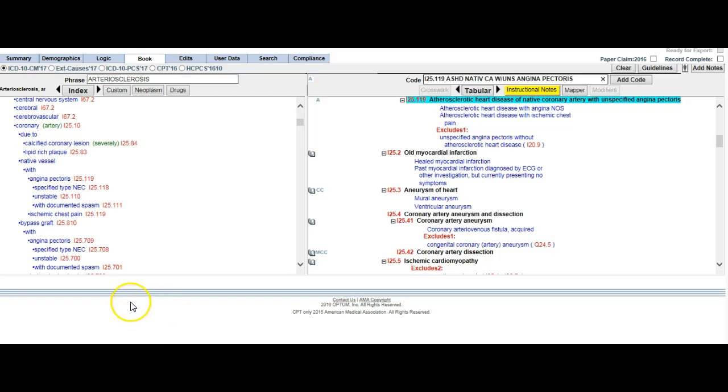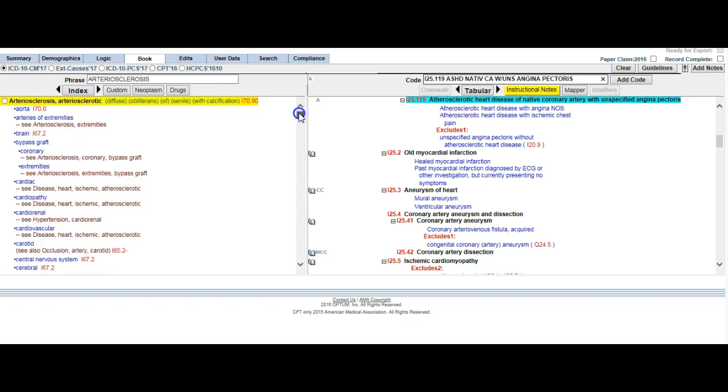Okay, so you want to ask yourself, what is our main term? Our main term is arterial or atherosclerosis. The reason it's saying atherosclerosis in the case, and I'm looking up arteriosclerosis because it really doesn't matter, is that athero is another term for artery or vessel.